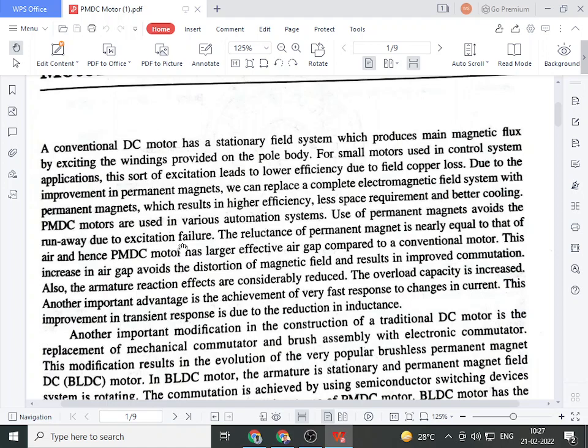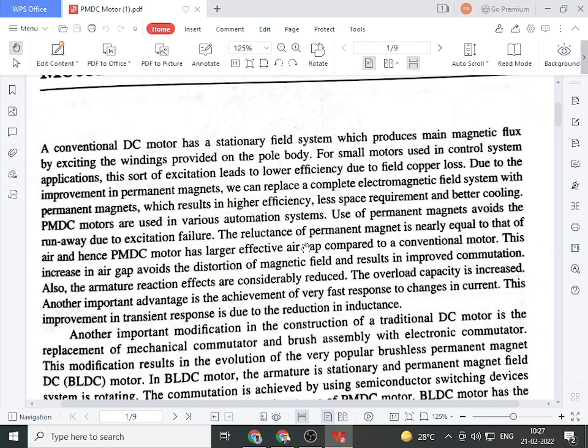The field system itself is the magnets. So the loss of excitation problem which exists in a conventional DC motor is completely eliminated in the PMDC motor.